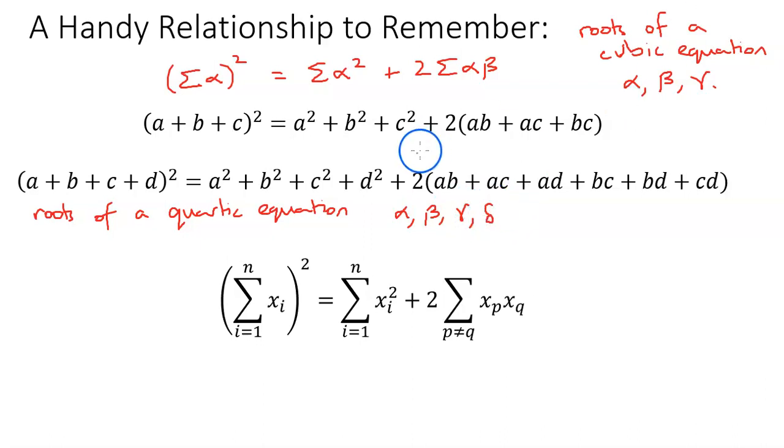If we're going to write it in this form, it would be the square of the sum of alpha is equal to the sum of alpha squared plus, and then again it would just be 2 times the sum of alpha beta, except in this situation here we would have 4 choose 2 equals 6 combinations instead of 3 choose 2 equals 3 combinations like we did in the case where there were 3 things added together and then squared.